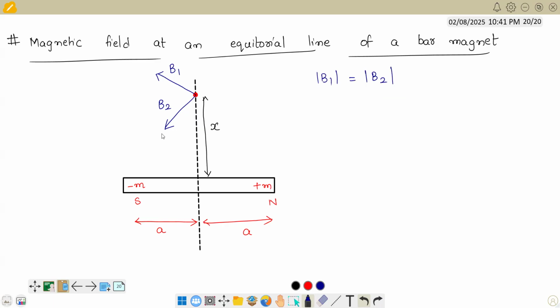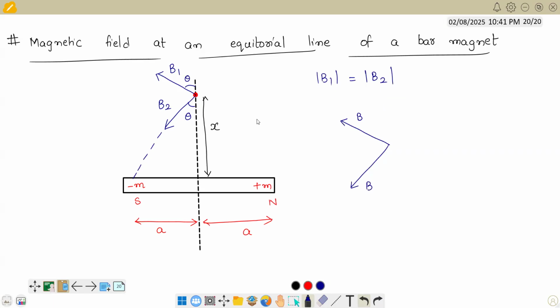Now let us continue further. Imagine this angle is theta. If this is theta, with the same logic, this also would become equal to theta. Now, if I resolve the fields into components, I have B1, I have B2. I will call both of them B only.